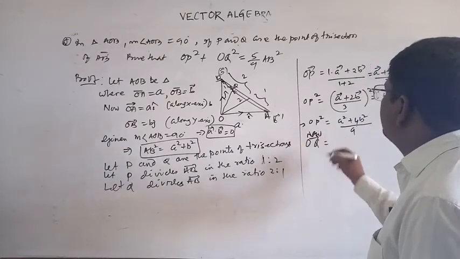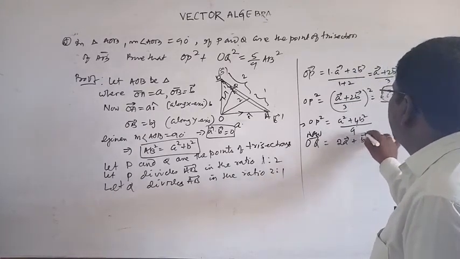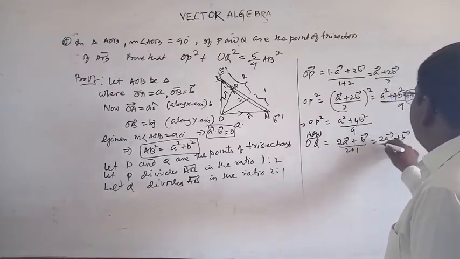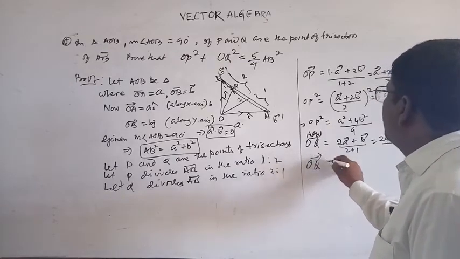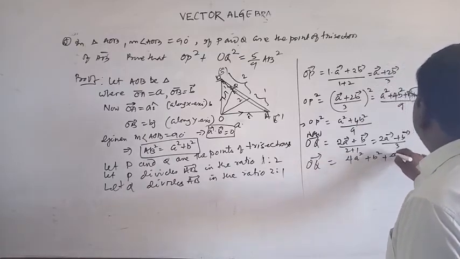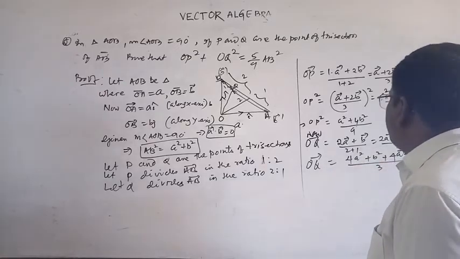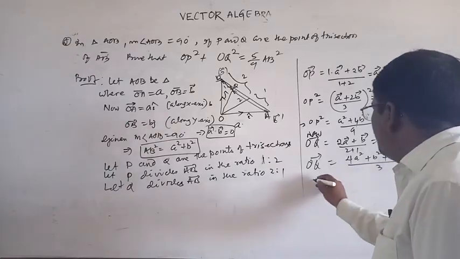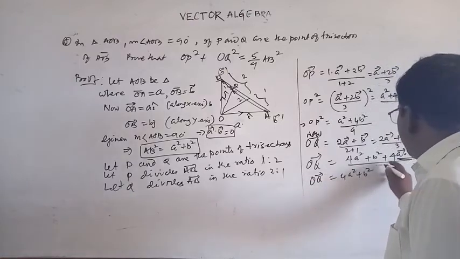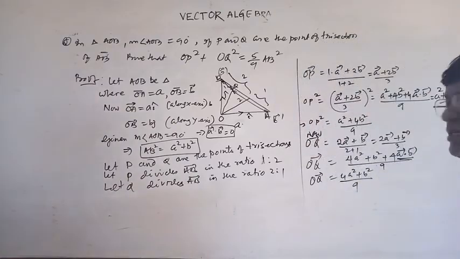OQ vector is equal to, that is 2:1, 2 into a vector plus b vector by 2 plus 1, that is 2a plus b by 3. OQ square is equal to the same thing, 4a square plus b square plus 4 a dot b by 9. So a dot b is equal to 0, and OQ square is equal to 4a square plus b square by 9.